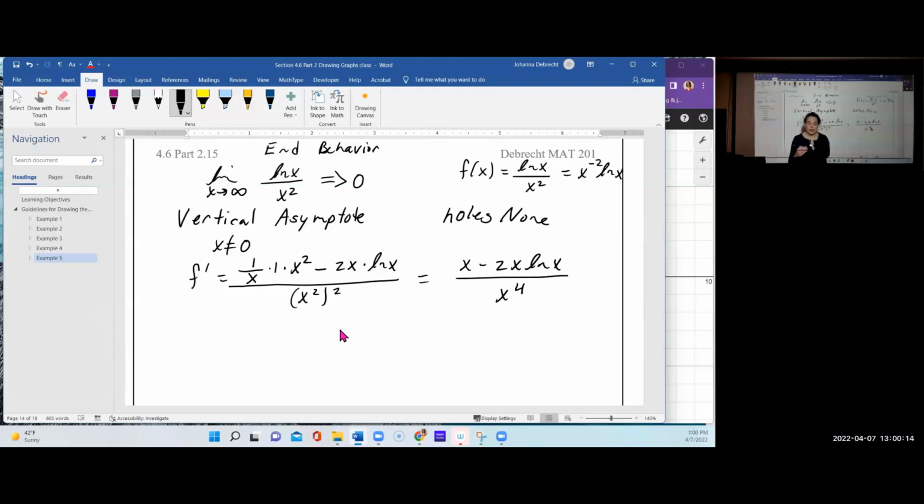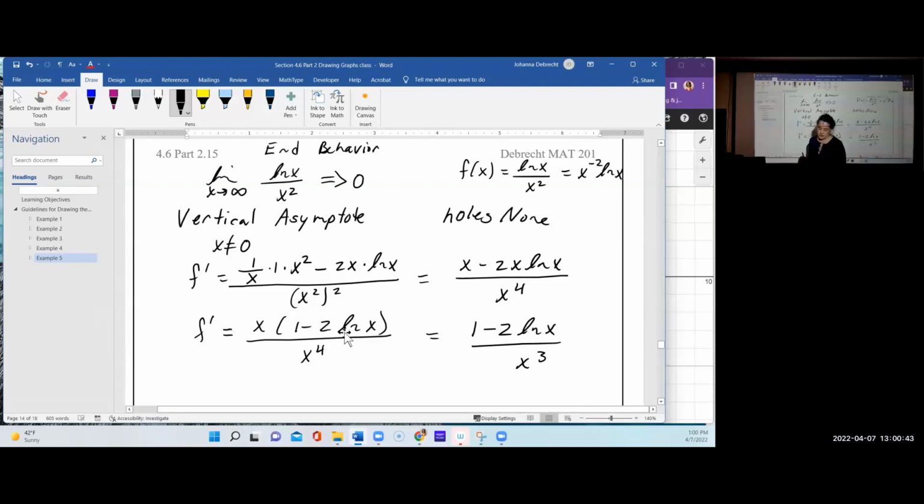Now I can factor something out of this. I can take an x out of the numerator, and that would give me x times 1 minus 2 natural log of x. That x cannot move. It's part of the argument of the natural log over x to the 4th, which cancels one of the x's in the denominator. So I end up with 1 minus 2 natural log of x divided by x cubed.